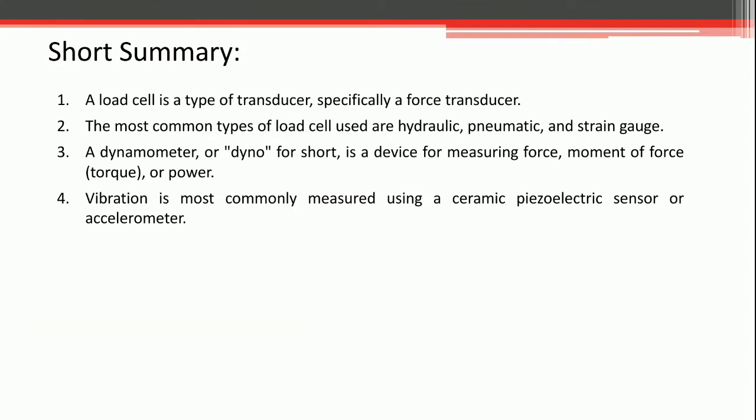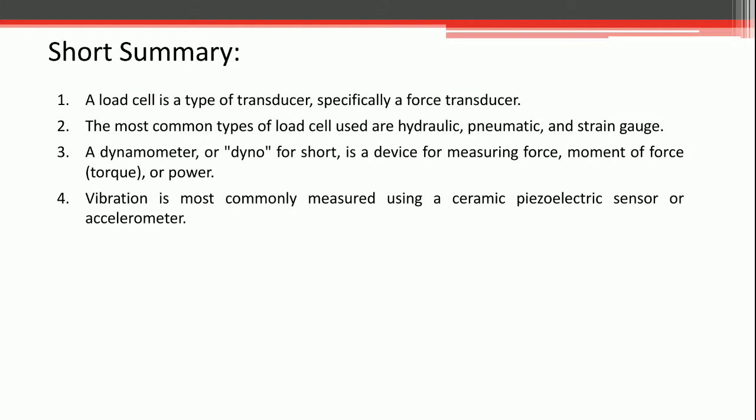Coming to the short summary of this video: a load cell is a type of transducer, and there are different types of load cell available, like hydraulic, pneumatic and strain gauge. In torque measurement we use the dynamometer, or dyno in short, which measures the torque by measuring the force or moment of force.